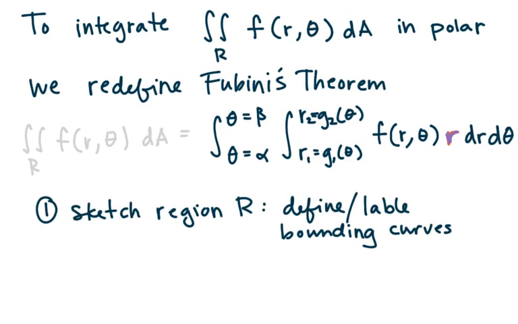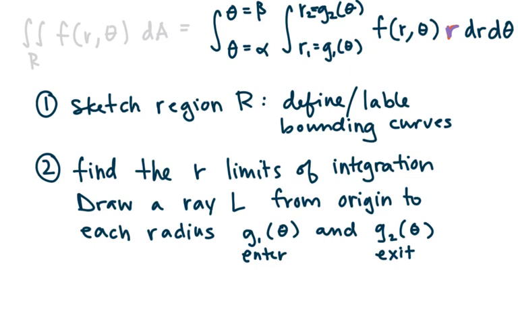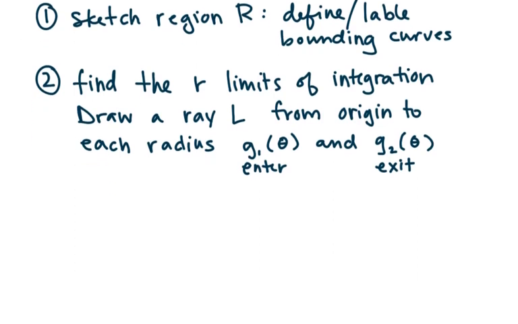So if we are trying to integrate something in polar, we're first going to sketch our region R, and we're going to define and label those bounding curves just like we always do. The second thing that we will do will be to find our r, our radius limits of integration. So we're going to draw some ray L out from the origin.